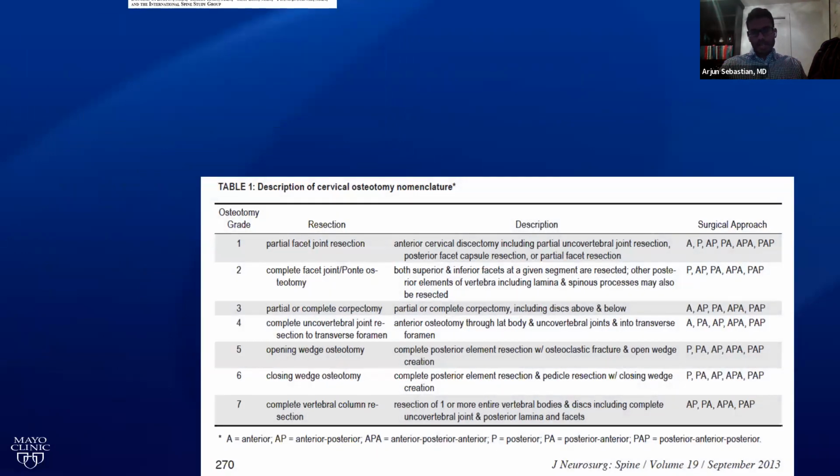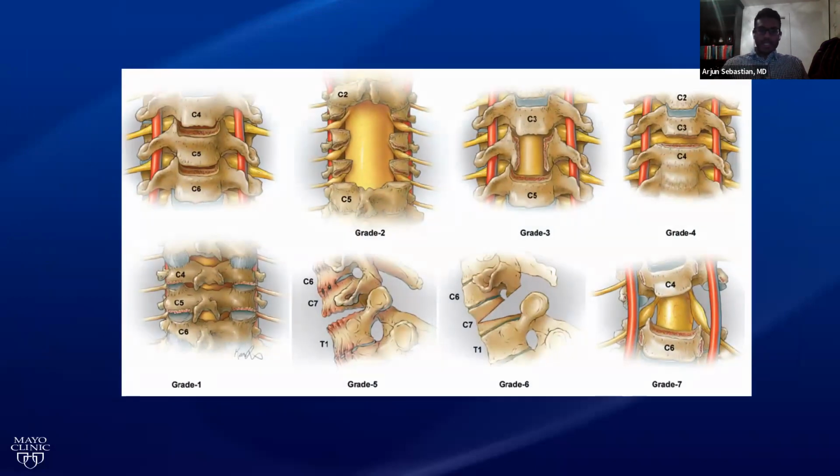And one of the other things that Dr. Ames and colleagues have given us is a very nice way to describe ways to perform osteotomies in the cervical spine to help correct deformities. The most simple osteotomy, obviously, being an ACDF or partial resection of the facet joints posteriorly, then moving on to grade 2, which is a Smith-Petersen type osteotomy with complete resection of the facet and laminectomy, grade 3 being a corpectomy, and grade 4 being an uncinatectomy.